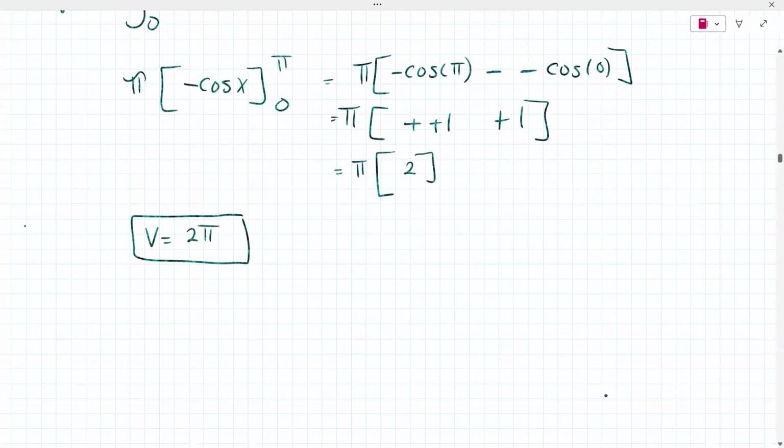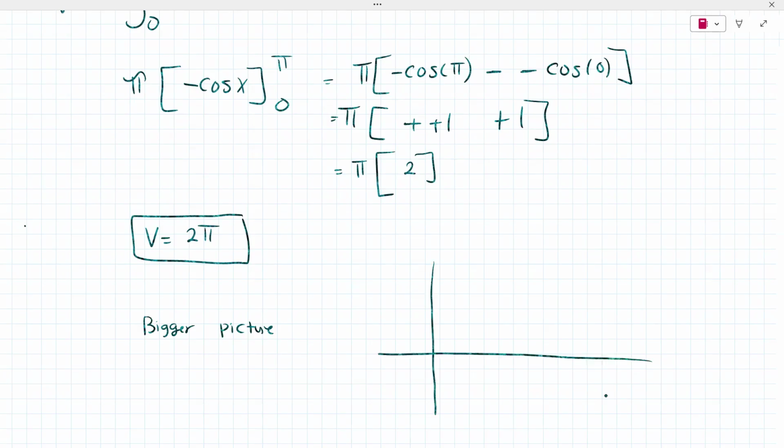So if you kind of look at the bigger picture, right? It's revolved across the x-axis.